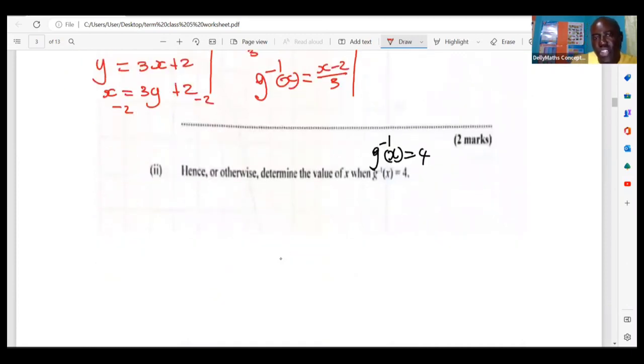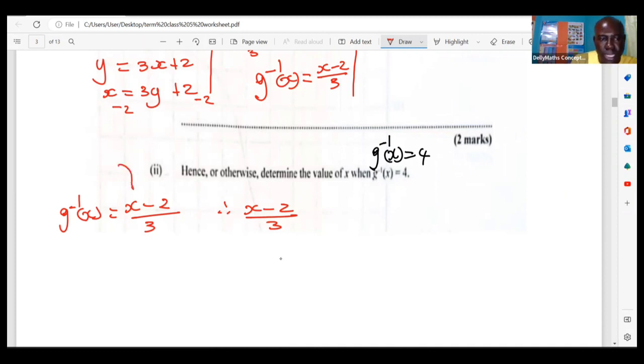What is the inverse of g of x? Let us write it. This is the inverse of g of x: x minus 2 over 3. Let this equal 4, because the question said the inverse of g of x must be 4. You find x, so you put it. This is the inverse of g of x I'm writing. You're looking at it right there. Let it equal 4.